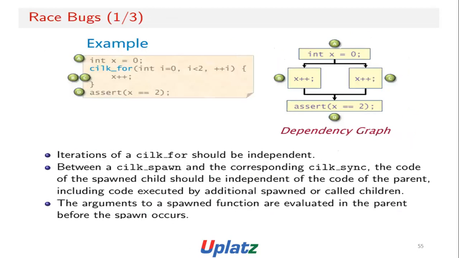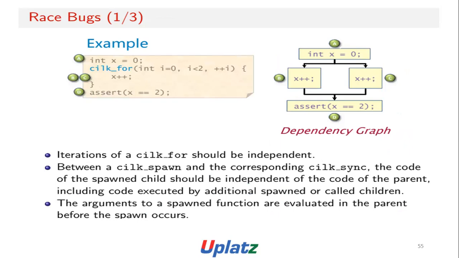Trace bugs: one example is int x = 0; cilk_for (int i = 0; i < 2; ++i) { x++; } assert(x == 2). In the dependency graph, x equals 0, then x++ runs in parallel, then assert x equals 2. The iterations of this cilk_for should be independent.